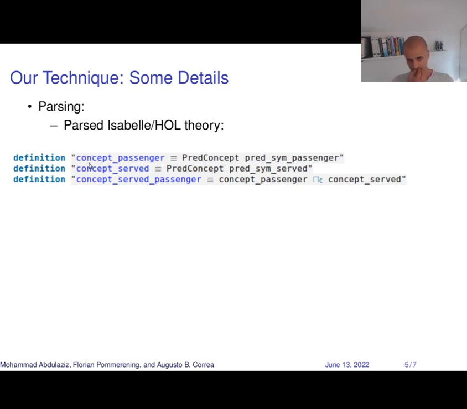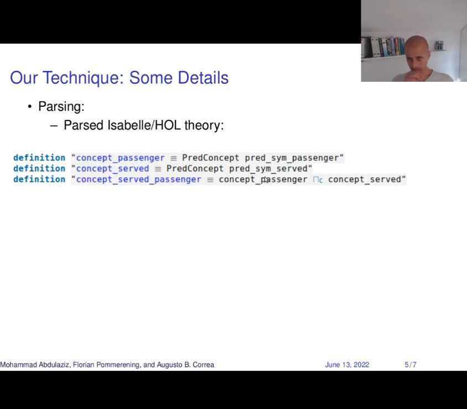In order to model that concept, you first need to model two concepts: one modeling the set of passengers, and the other modeling the set of served objects. Then the concept served passenger is just the intersection of both. And look here, this is the conjunction, for example, when it's formalized in Isabelle/HOL.